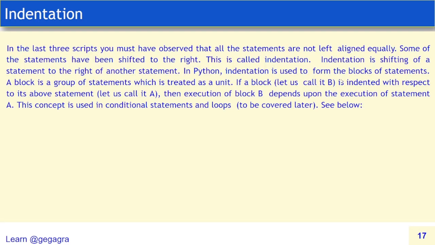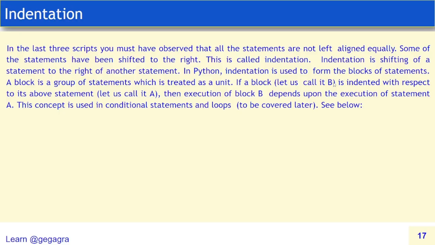If you look at the scripts, you must have observed that all the statements are not left aligned equally. Some of the statements have been shifted to the right. This is called indentation. Indentation is shifting of a statement to the right of another statement.